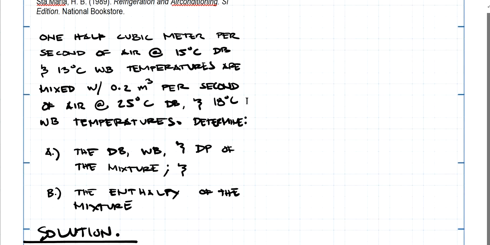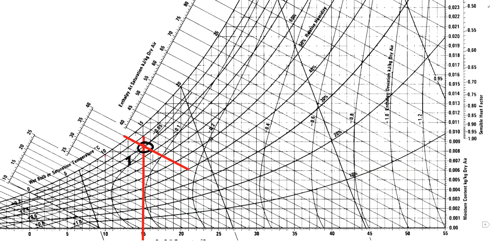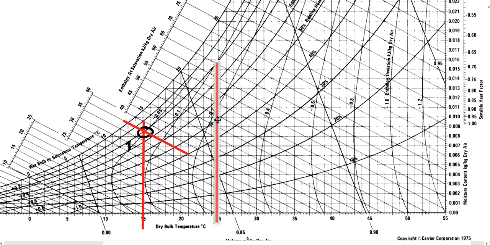For state 2 we have 25 degrees C dry bulb and 18 degrees C wet bulb. So 25, then 18: 15, 16, 17, 18.